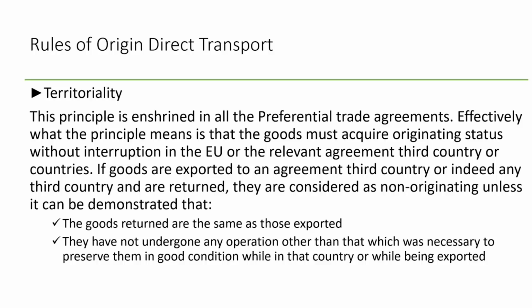Then that loses origin. You can't send it out to a country that's not part of the trade agreement for some other kind of processing, and then send it to the country that the trade agreement is with and claim origin, right? So you've lost origin if you do that.